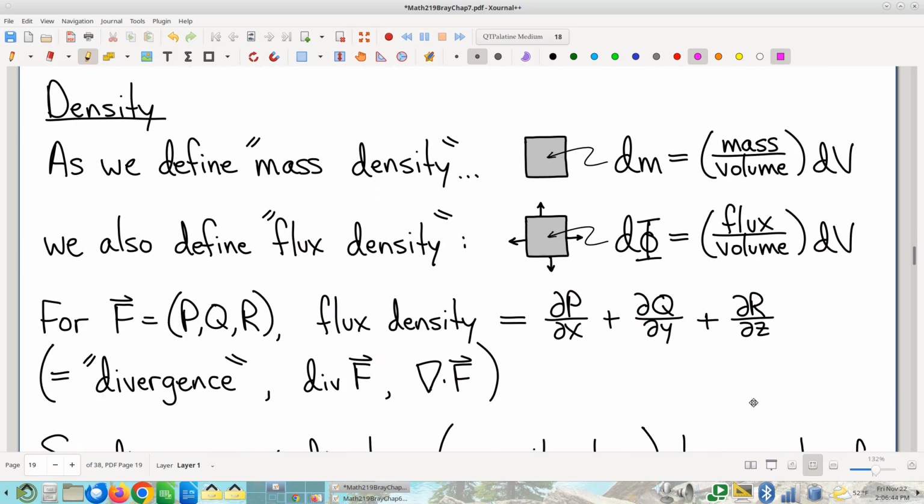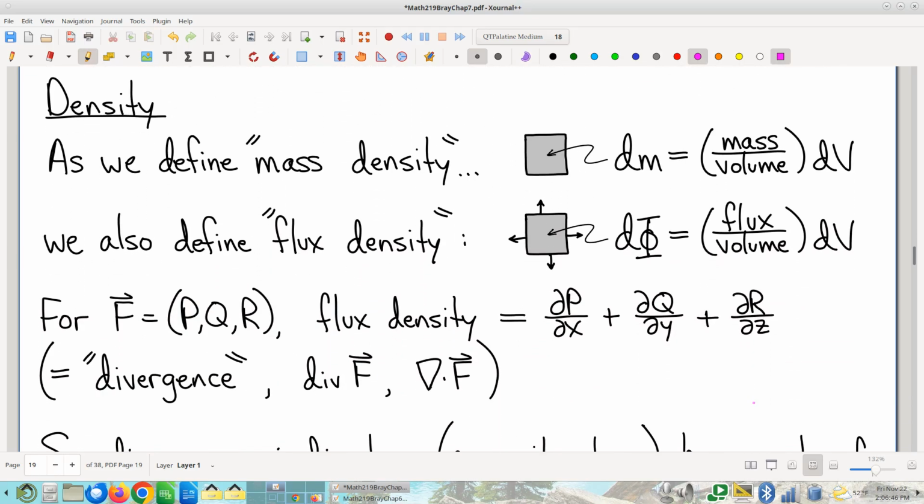Stuff always has an associated density. You can talk about stuff per unit size. Now, to be careful, when I say stuff per unit size, my stuff is boundary flux, so I've got to imagine for some little region, and I've drawn this two-dimensionally because it's just easier to draw, that the stuff for a little region is outward-oriented boundary flux.